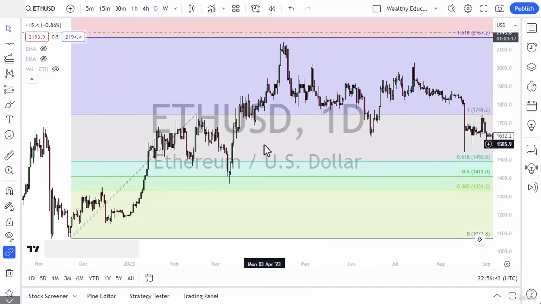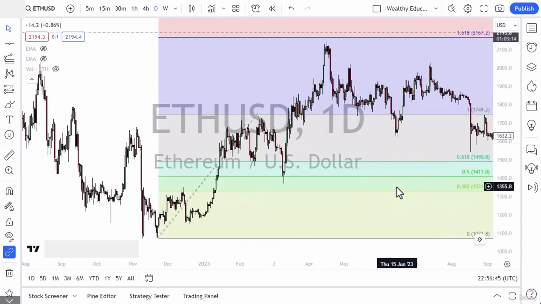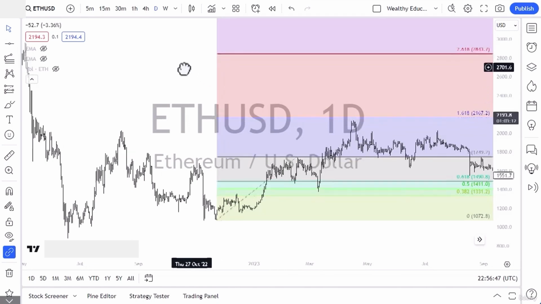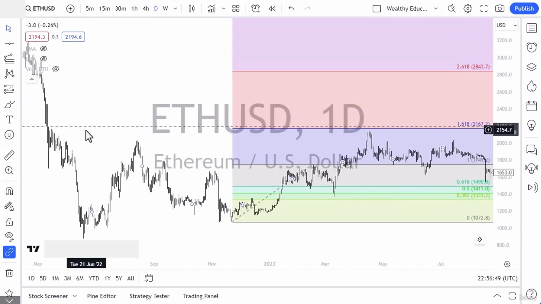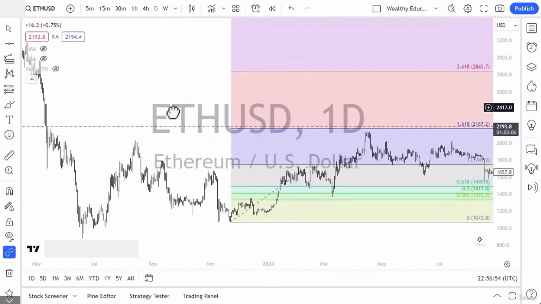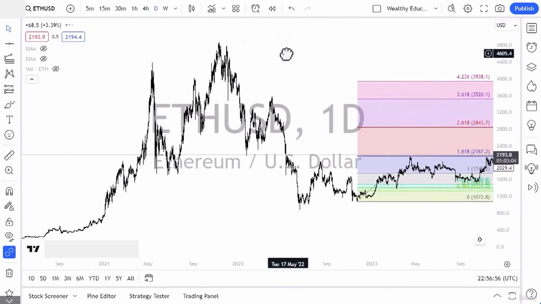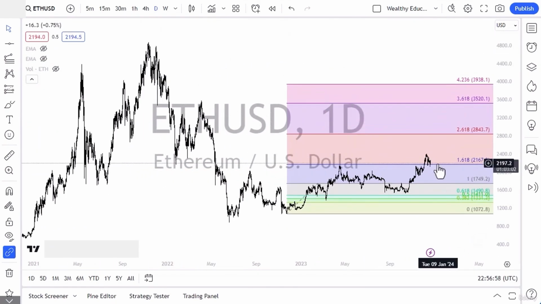But I will say this, extensions are not used anywhere near as much as retracements. They are a tool that you can use, but it just gives you an idea of where a market could go. You can see we're above there now, but if we break out to a new high from here, a lot of times people will pull this up and say, okay, where could it go?